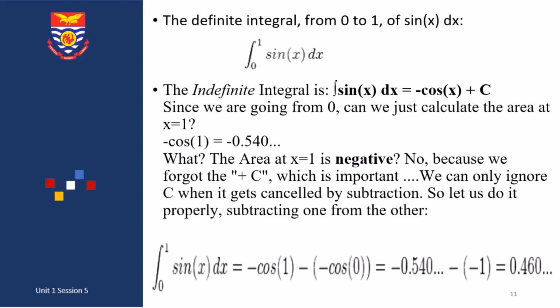And this will actually give us negative 0.54 minus negative 1, because cos 0 is 1. Now this would turn out to be a positive figure. So negative 0.54 plus 1 will result into 0.460.